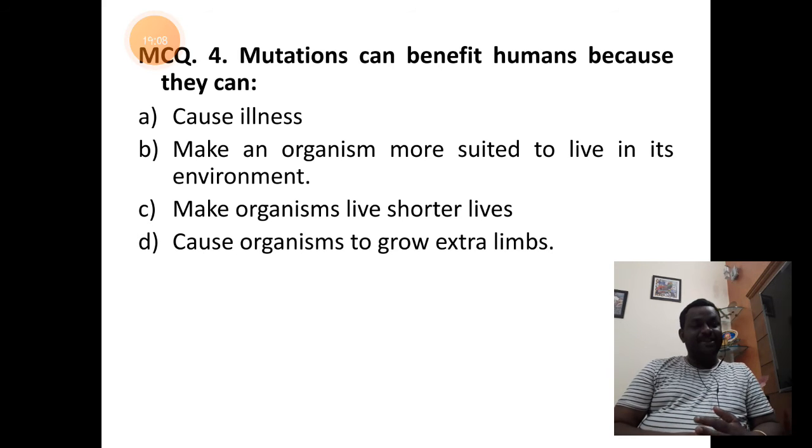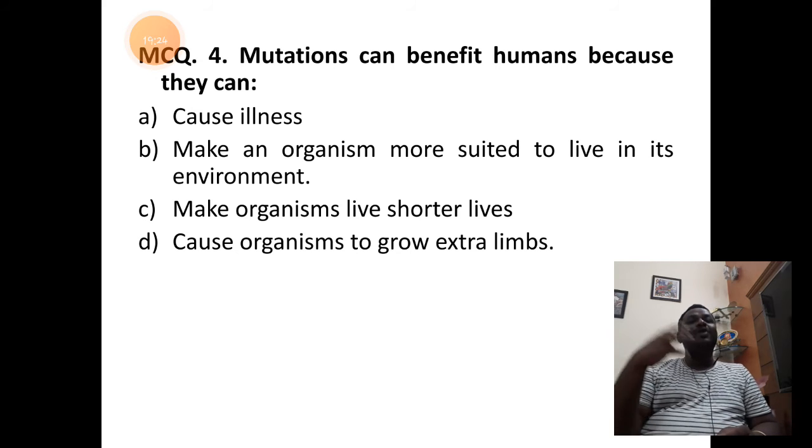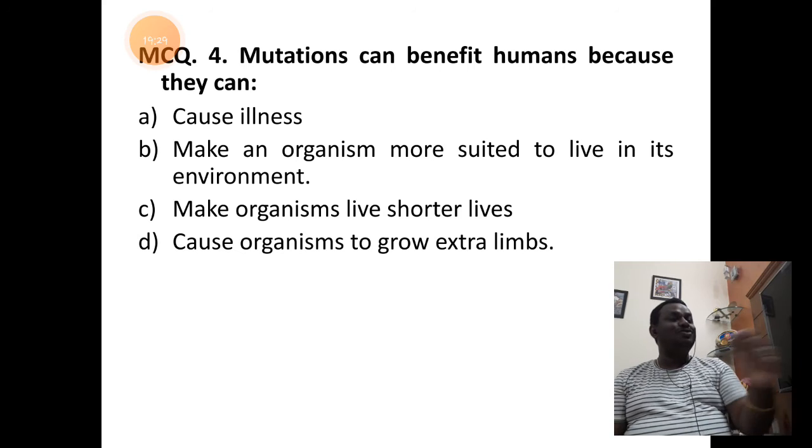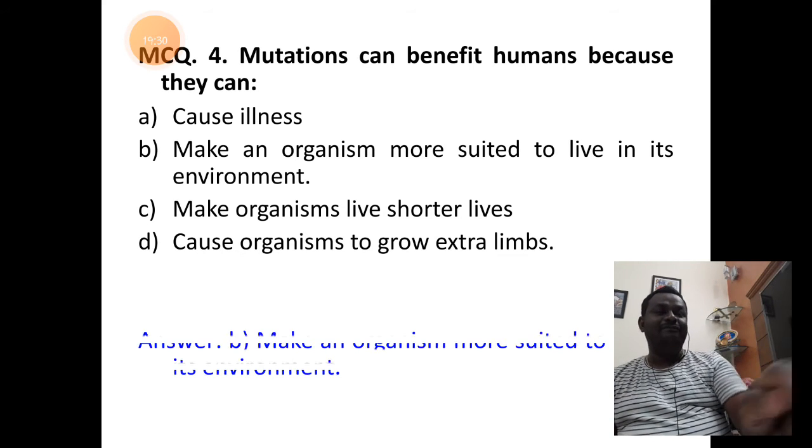Mutations can benefit humans because they can cause illness, make an organism more suited to live in its environment, make organisms live short lives, or cause organisms to grow extra limbs. So the answer is B, make an organism more suited to live in its environment.